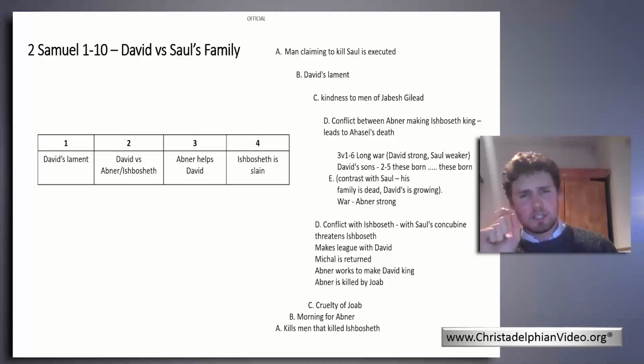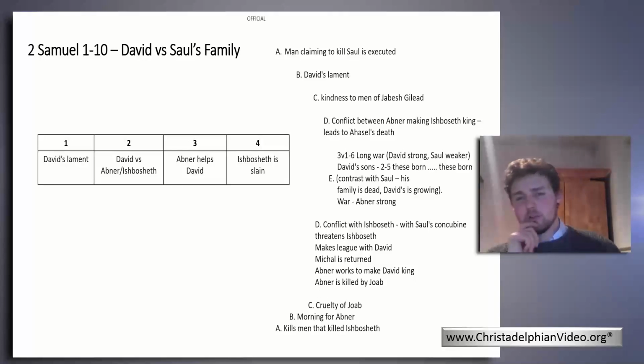And then either side of the central passage, we have Abner, first of all, working to make Ishbosheth king, in contrast to David, in opposition to David, and that leads to Asahel's death.